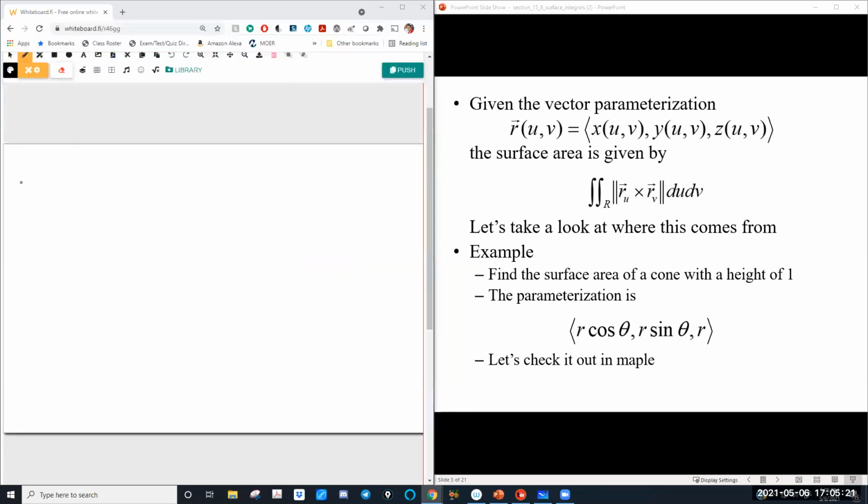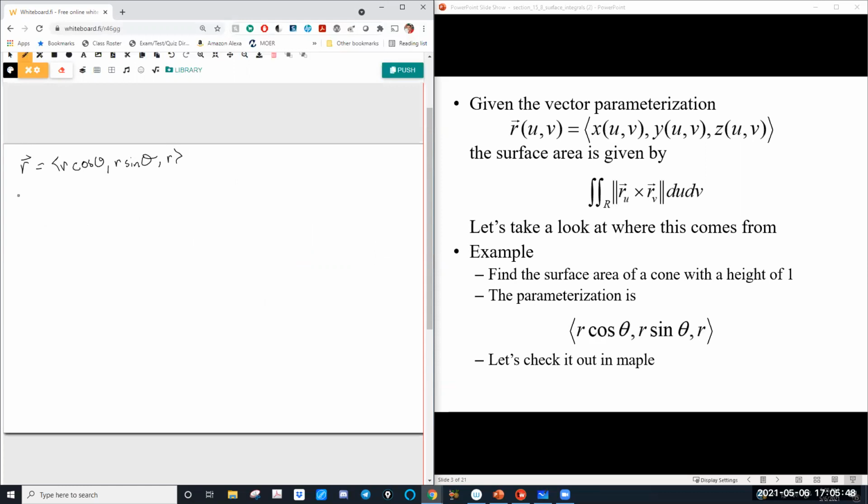All right, let's talk through the steps. First off, we have our position function, which is r cosine theta, r sine theta, r. Then we need to find basically r of u and r of v, but now I used r and theta in here.